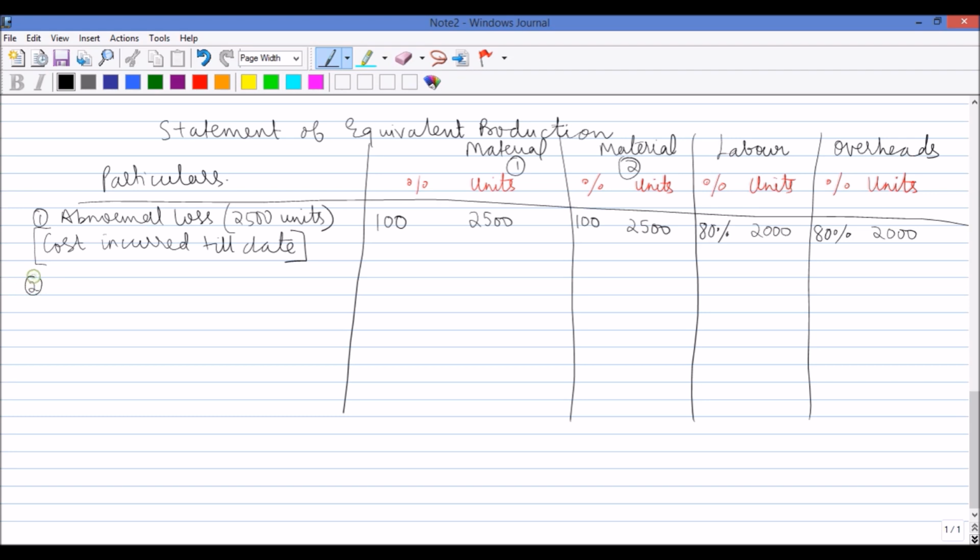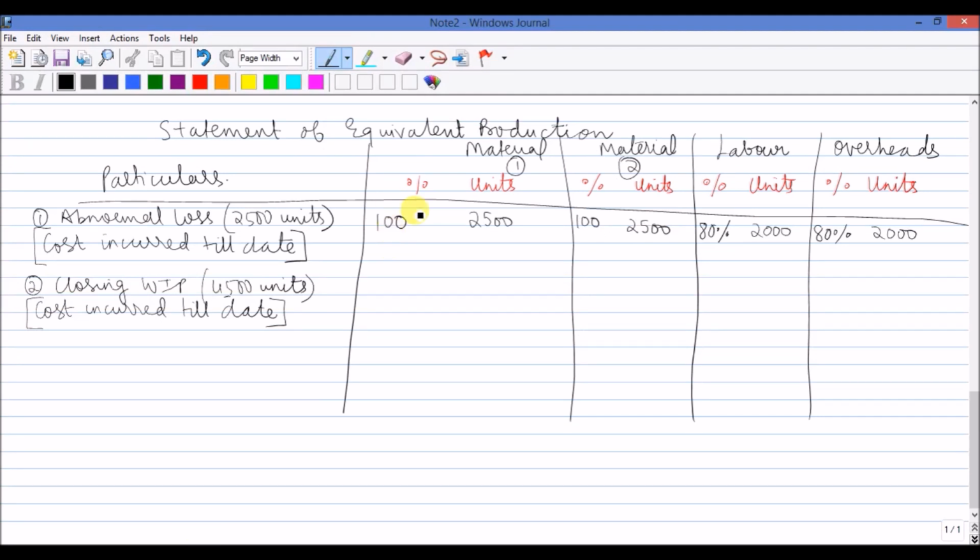Then, friends, we are going to take into account the closing work in progress, which is 500 units. In this also you need to remember the cost incurred till date will be taken.